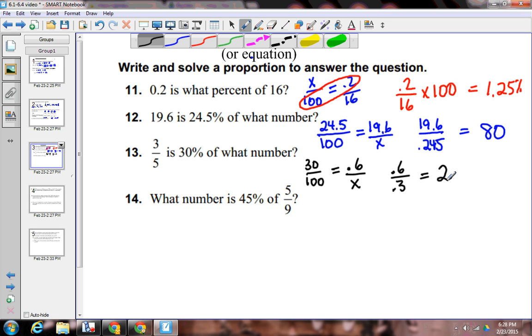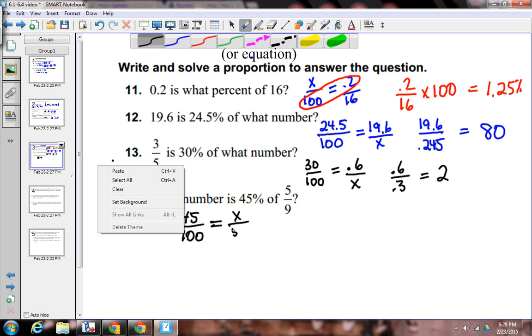And lastly, we're trying to find the part. So we have 45 is to 100 as x is to 5/9, which I'm going to leave as 5/9 for our purposes of using cross products now. 45 times 5/9 and divide it by 100.